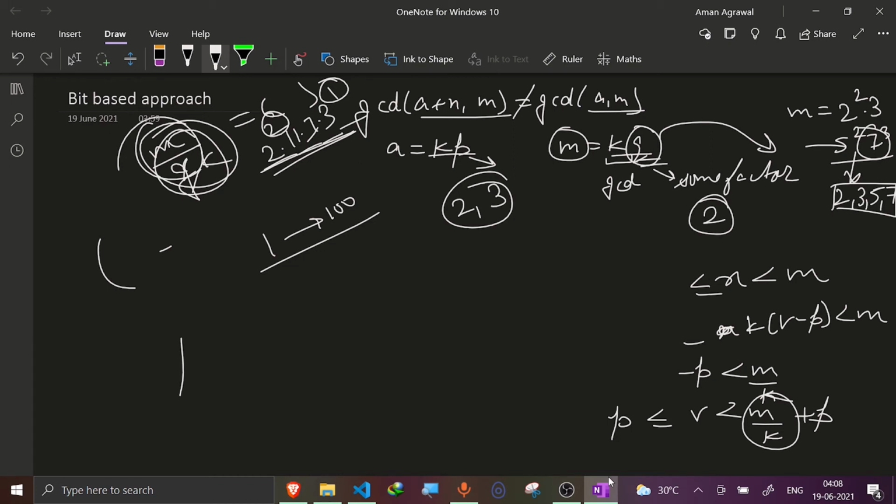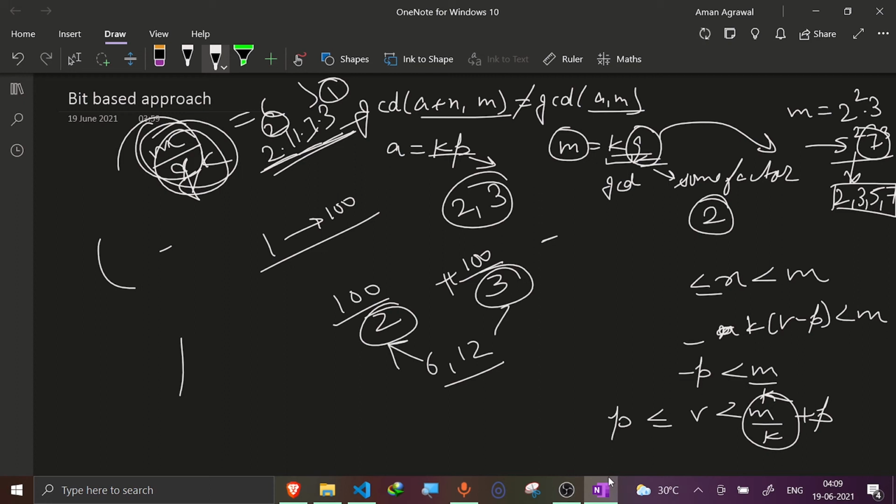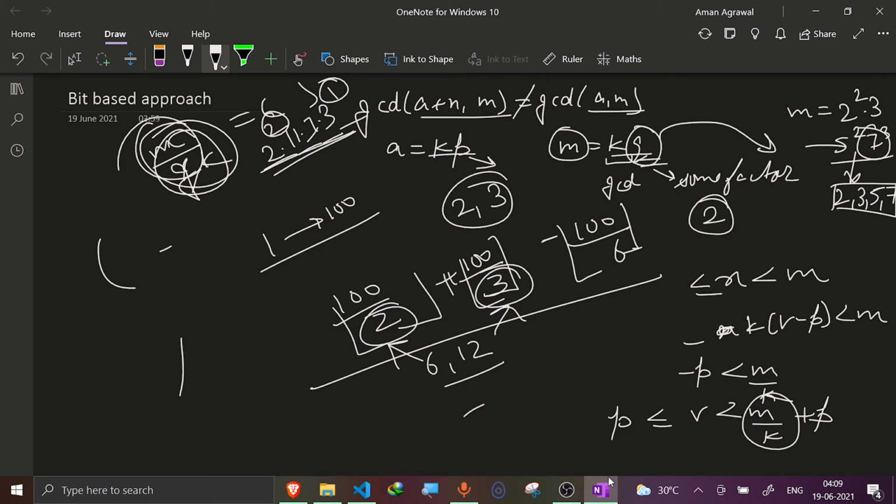So basically what you did was you divided 100 by 2, you divided 100 by 3, and then added both of them, and then removed all the numbers which are divisible by both, because for 6, 12 you counted them in this also and this also. So for that you just did this, and rather in programming you take this as floor. So I would be doing this only.